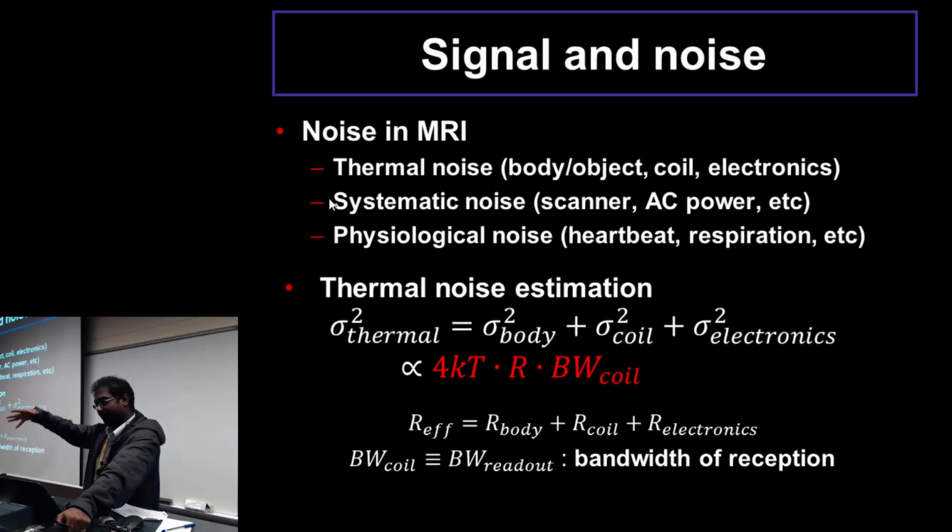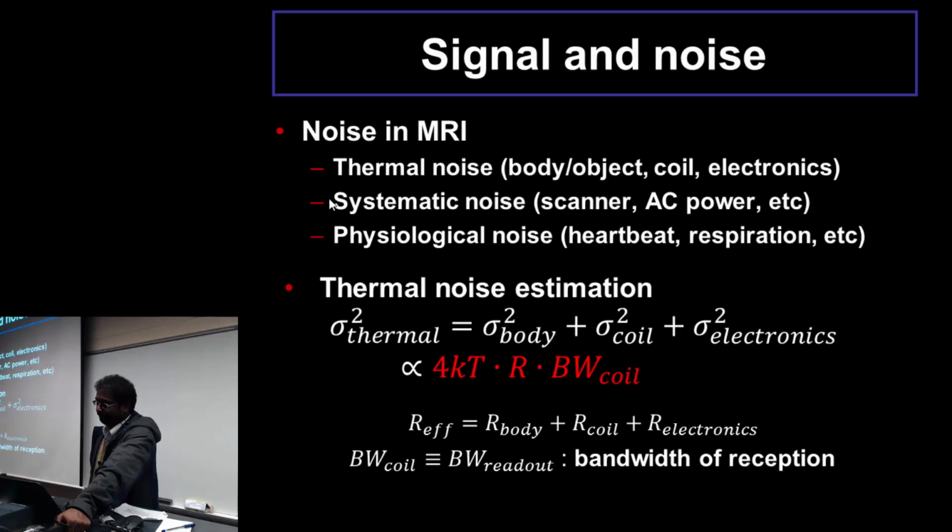In the presence of the body, the coil would have a different resistance because of the induced inductance or coupling of that body with the coil. That effect would change its resistance. And then there is the electronics resistance. So that effective resistance is what the noise variance is proportional to, along with this particular product. And bandwidth is basically the bandwidth that you're using to read out your signal.